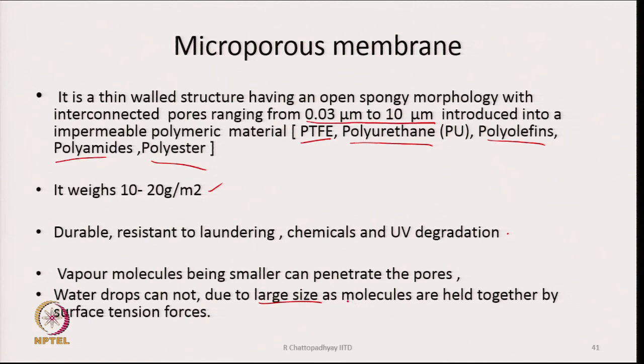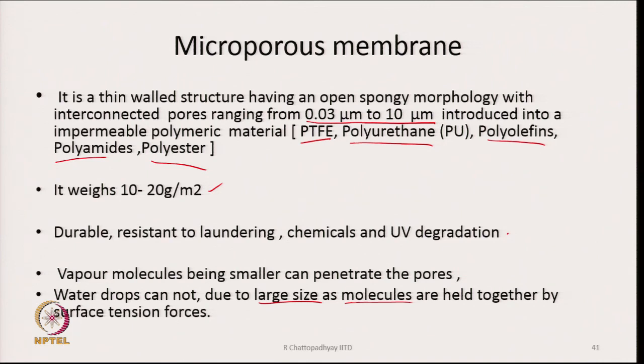Because in water the molecules are held together by surface tension, and therefore, the size of the water drop is larger. In the vapor form it is very small. So, the vapors will be able to pass through these micro pores, but not the water drops.